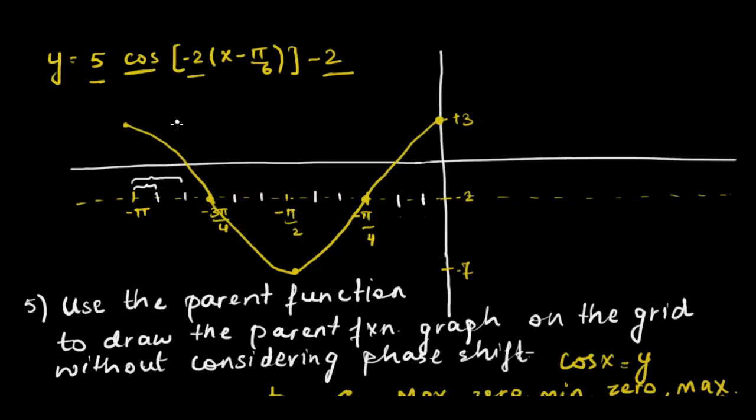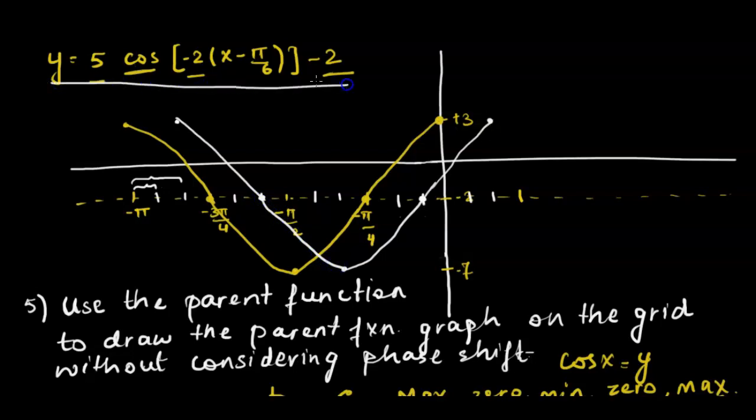So this max point will come here, this 0 point will come here, this min point will come here, 0 point comes here, and in the same way, if we divide 3 sections on the right side, this max point would come here. Now we just have to connect these dots and we would be able to get the final graph. So this final graph is the white graph that represents this function, drawn after taking care of each and every transformation involved in this cosine function graph.